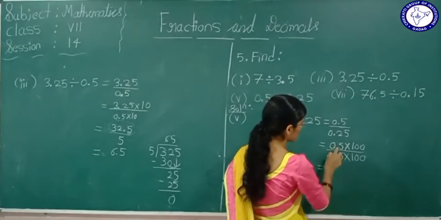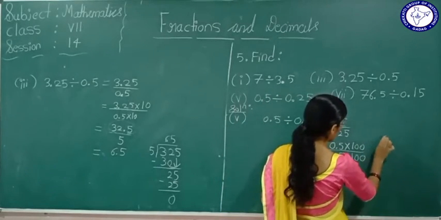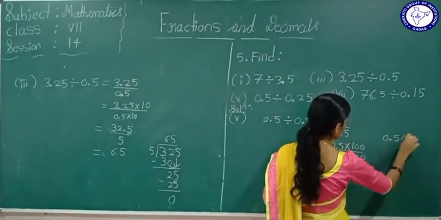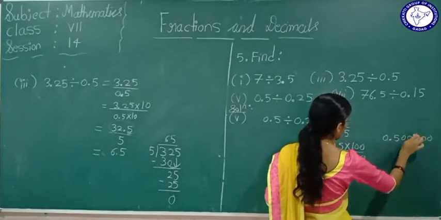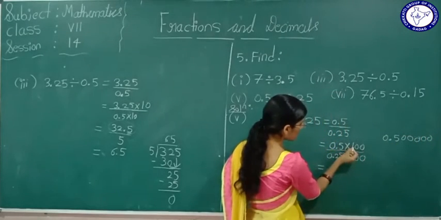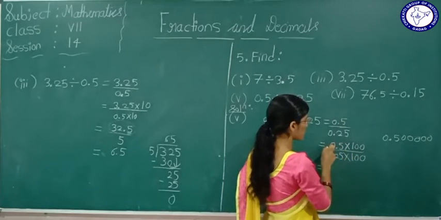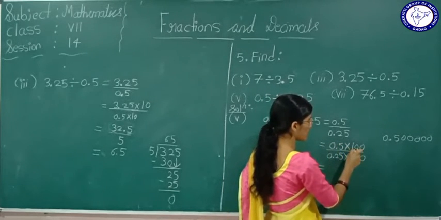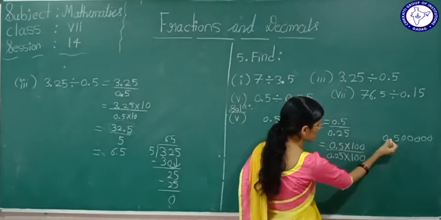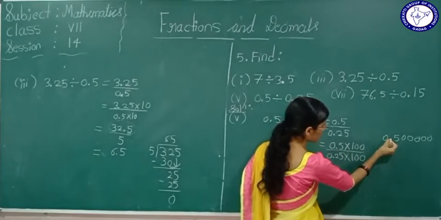Now see what it becomes. 0.5 into 100. 0.5 can be written like this, and you can add as many zeros as you want. I told you how to multiply a decimal number by 100: just shift the decimal point to the right by 2 places. 1, 2.